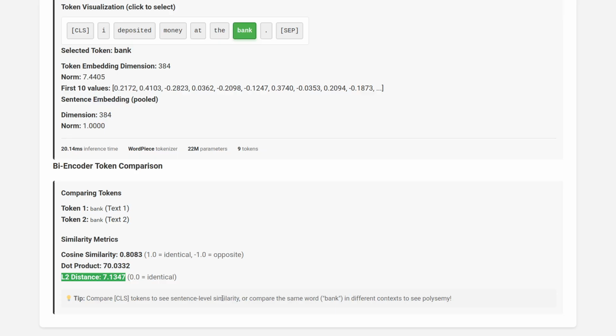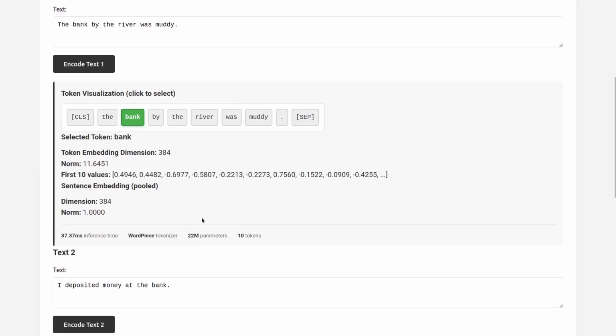Theoretically, if they are closer together, then they are in a similar region of semantic space and share some meaning. And if they're further apart, which is similar to saying the cosine similarity, if their angles are very different, then they probably have different meanings.